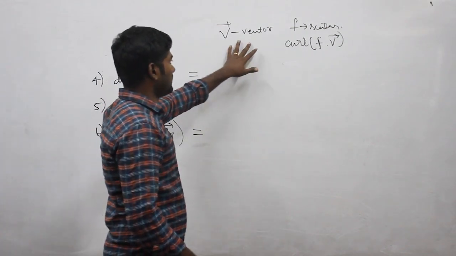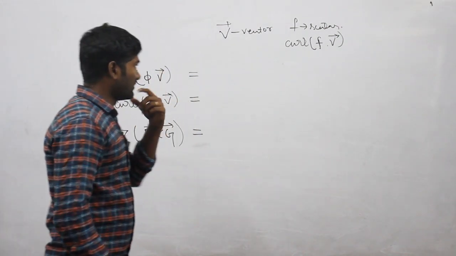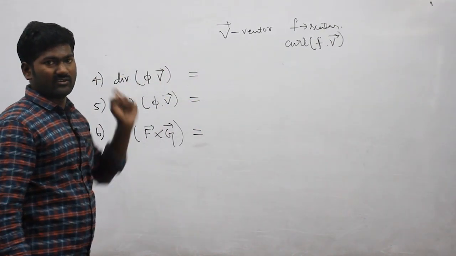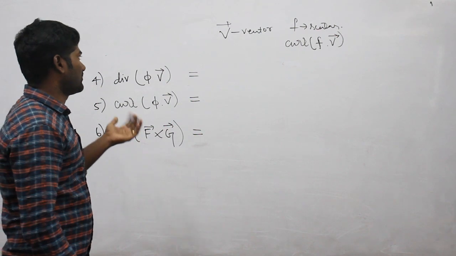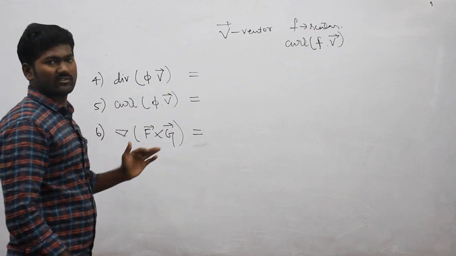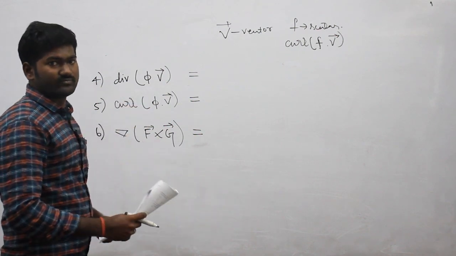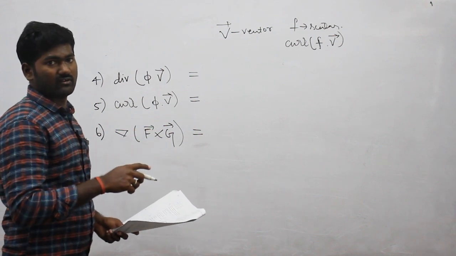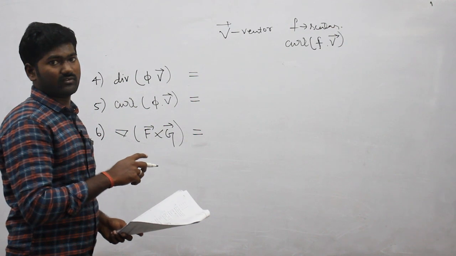I told you already, for this you have vector identity formulas. You have totally 6 formulas. Out of the 6, 3 we have discussed already, that is divergence of gradient of pi, divergence of curl vector, curl of gradient of pi.